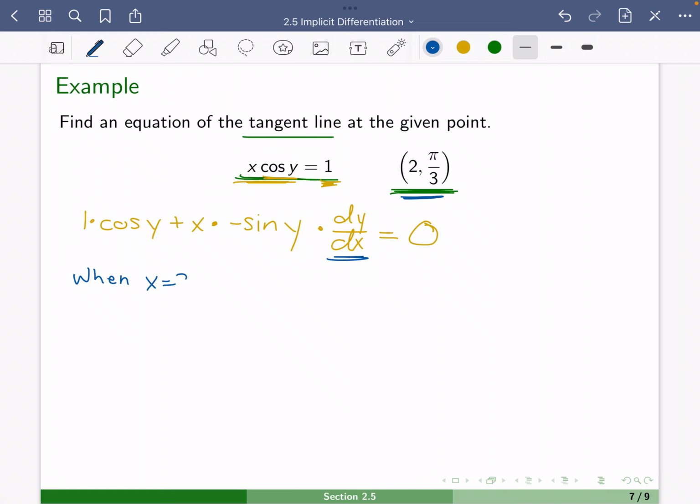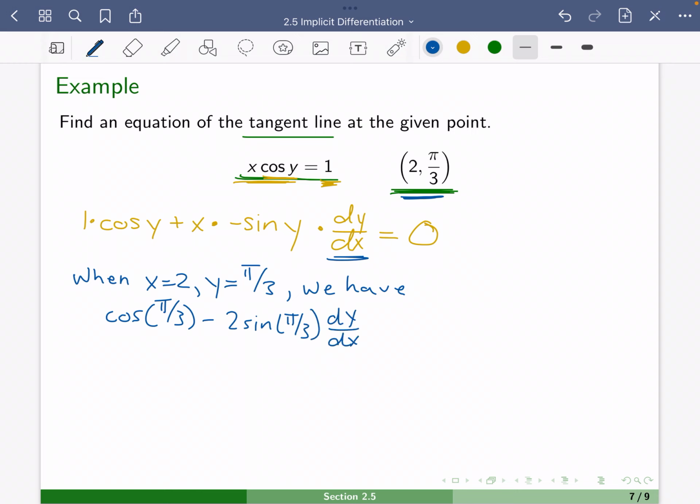So when x is 2 and y is pi over 3, we have cosine of pi over 3 plus, I suppose it will be minus 2 sine of pi over 3 dy dx is equal to 0.